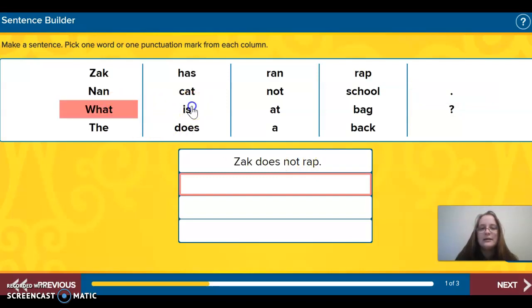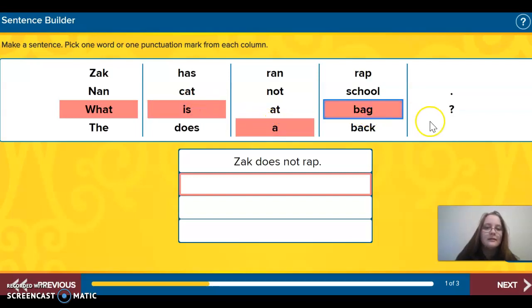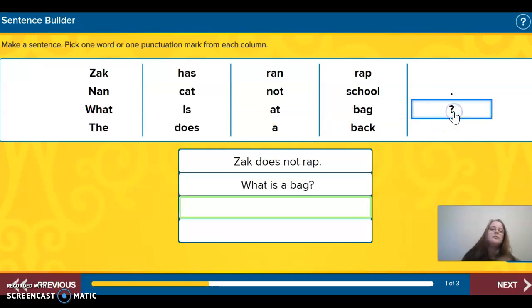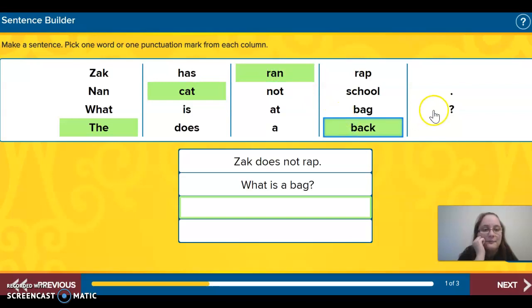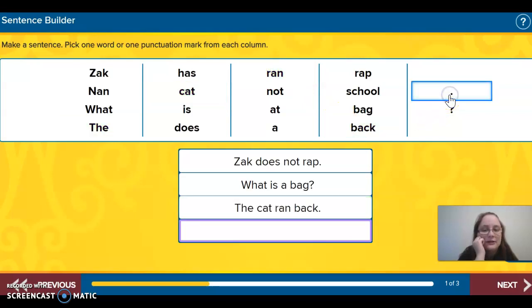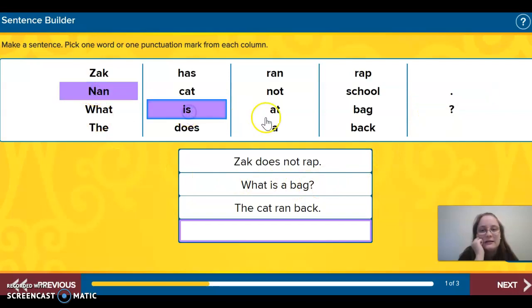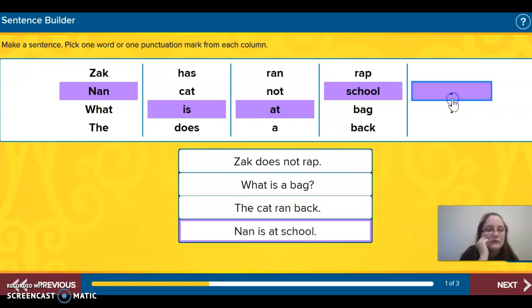What is a bag? And we're asking a question, so we're going to put our question mark at the end. Let's create another one. The cat ran back. Period. And one more. Nan is at school.